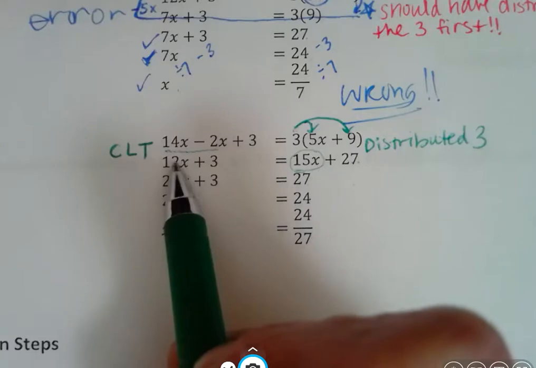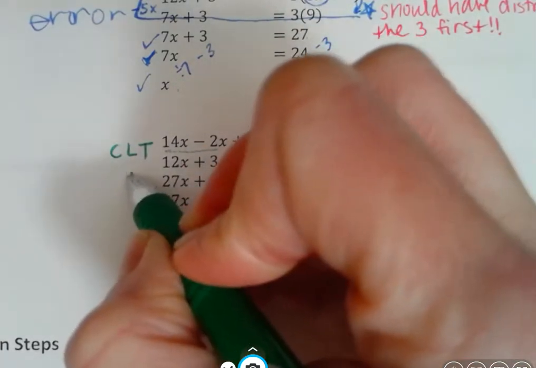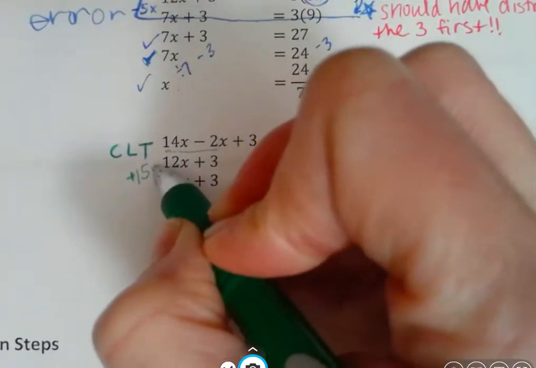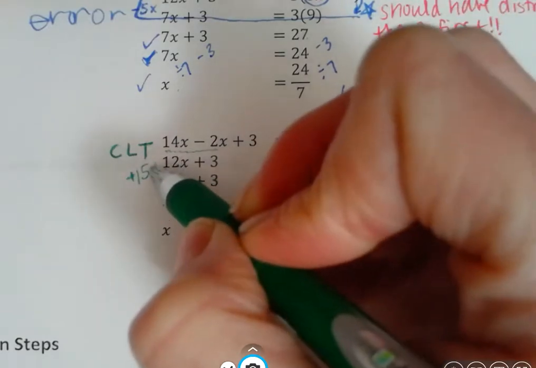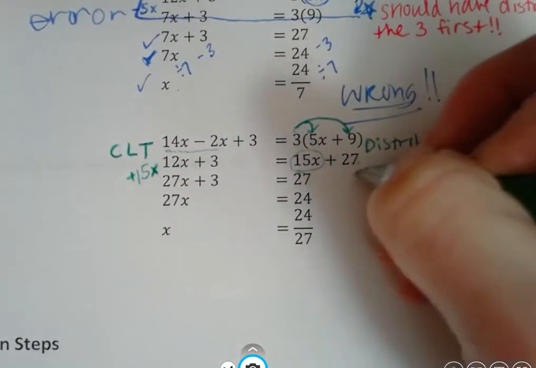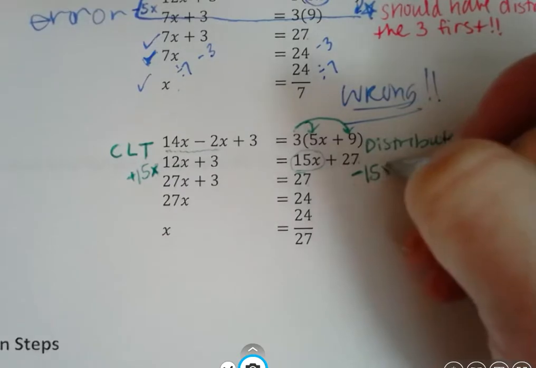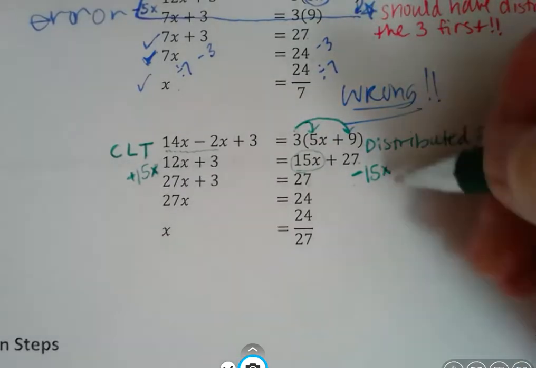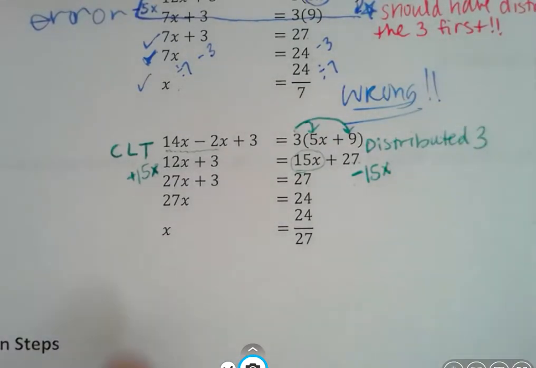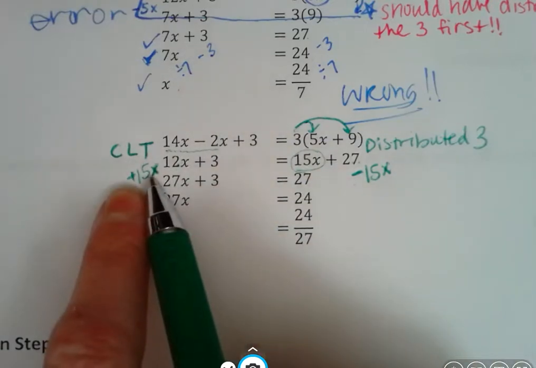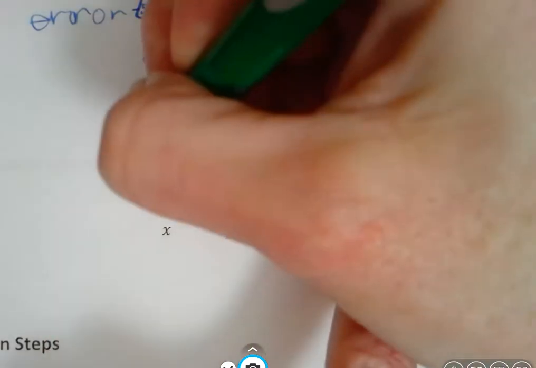If I have 12 and I remove 15, I do not get 27. If you look here, Noah added 15x on the left, and Noah subtracted 15x on the right. Another way to think about it is he added a positive 15 on the left and a negative 15 on the right.